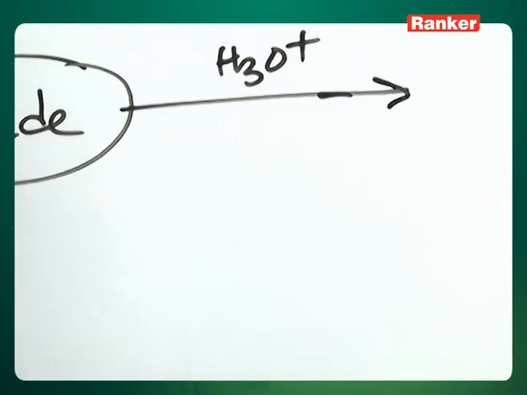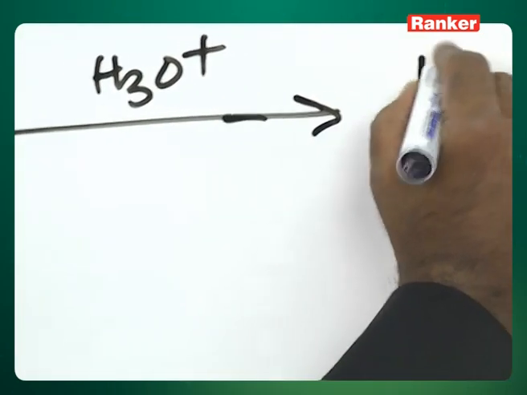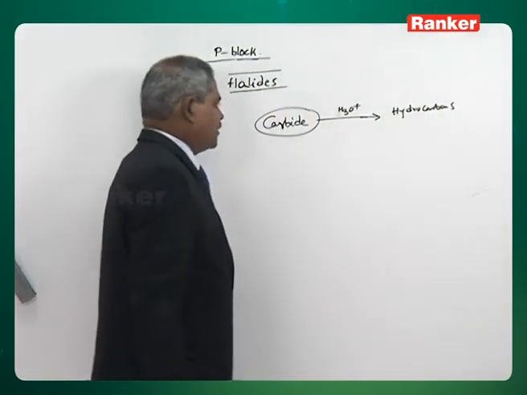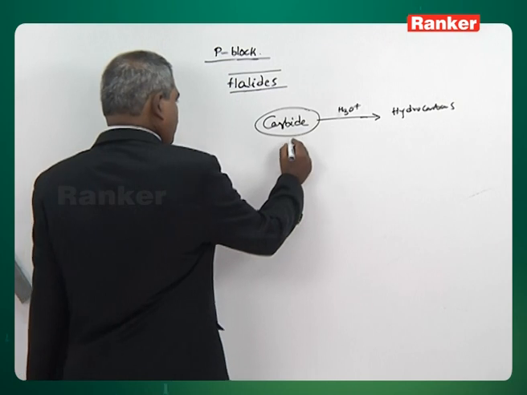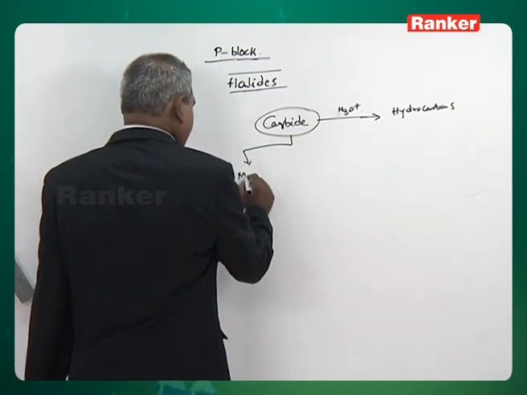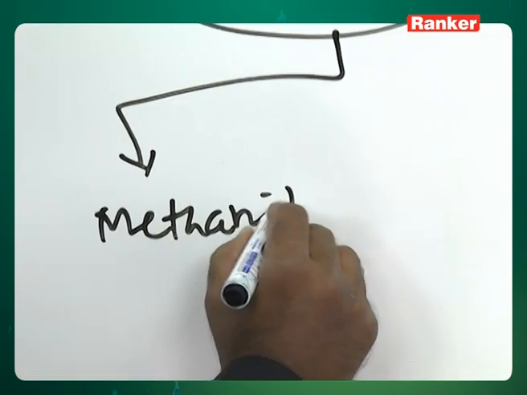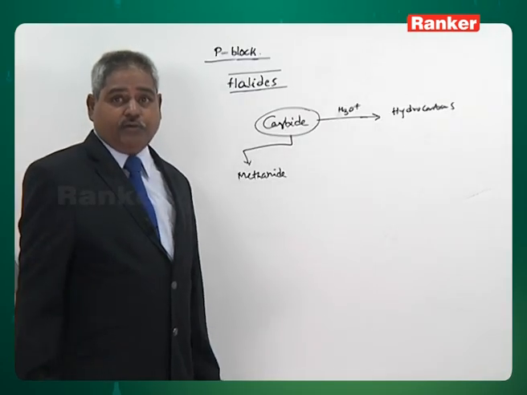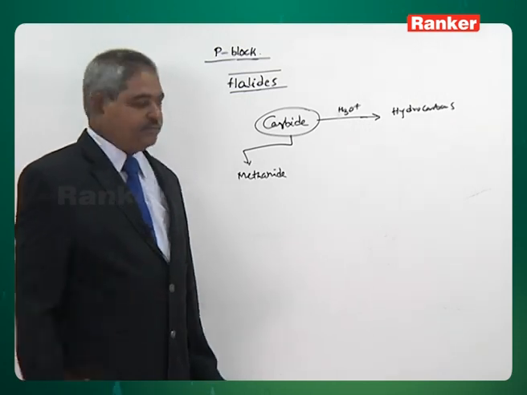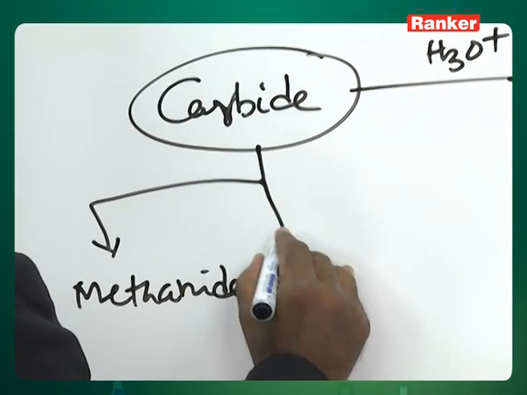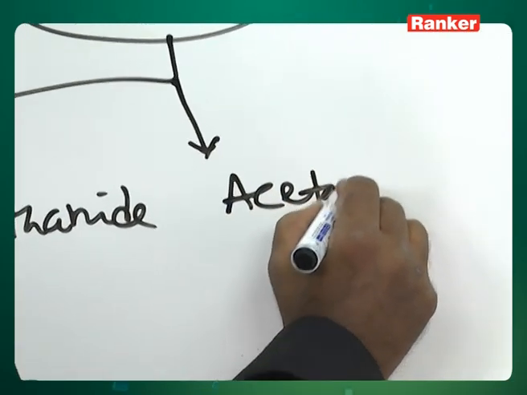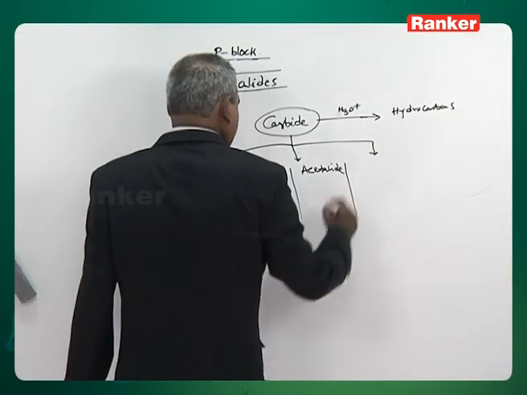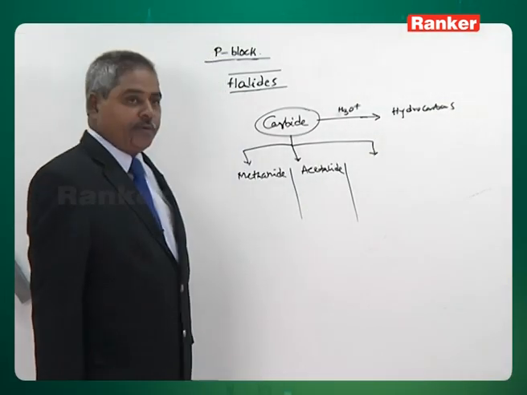So H3O plus. Carbides on hydrolysis give hydrocarbons. Carbides which give methane on hydrolysis are called methanides. Methanide: carbides that give methane on hydrolysis. Acetylide: you should know the definition from the meaning.